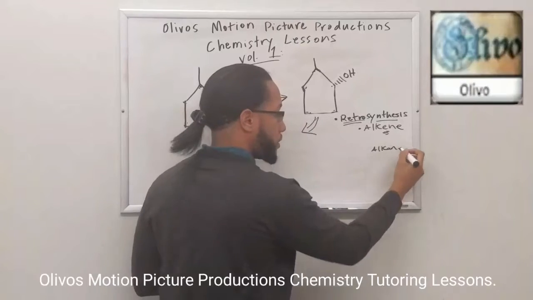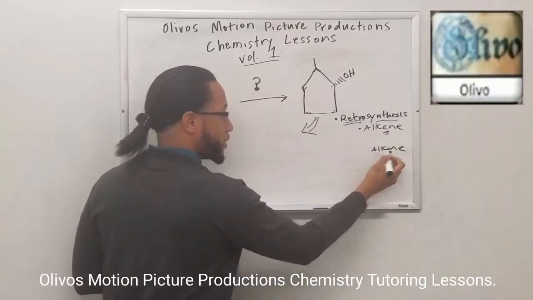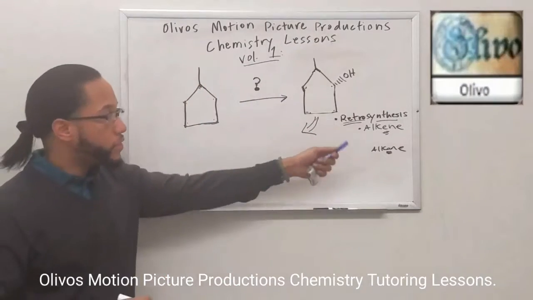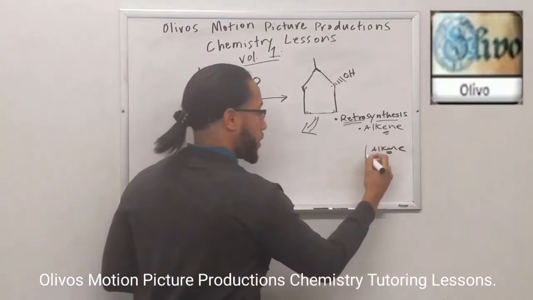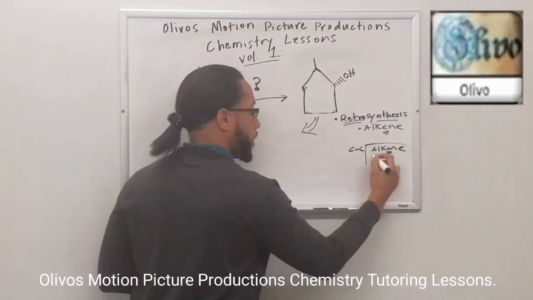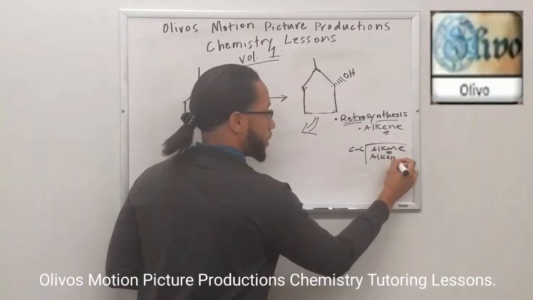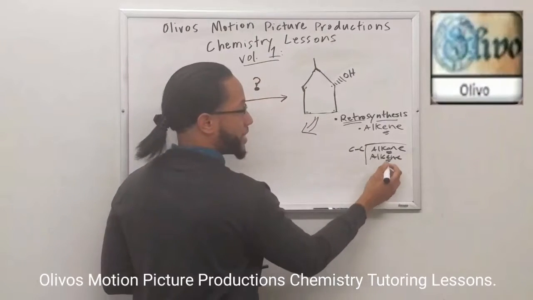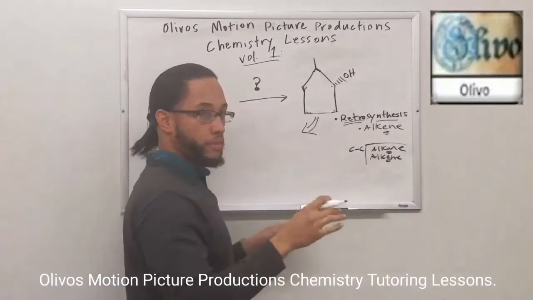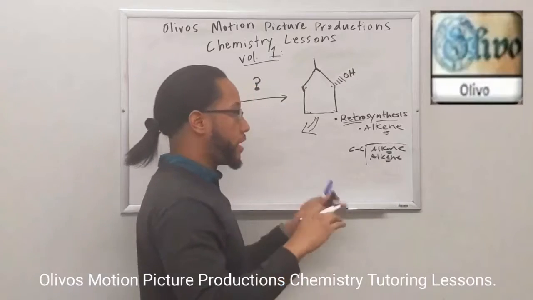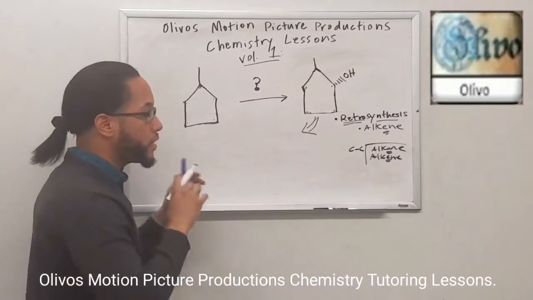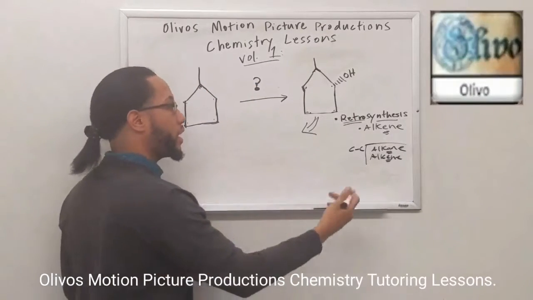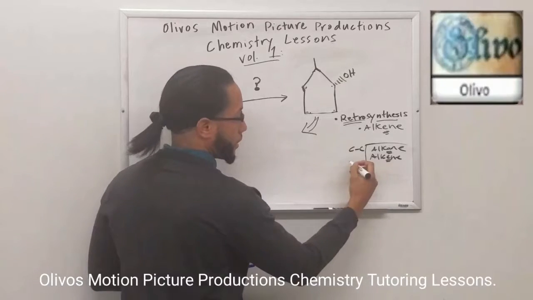Starting off with the alkane, the A, the very first letter of the alphabet. This is going to equal a C, and then an alkene, the second letter of the alphabet. The E is not technically the second letter of the alphabet, but it is definitely second in terms of alkane, alkene, and alkyne.